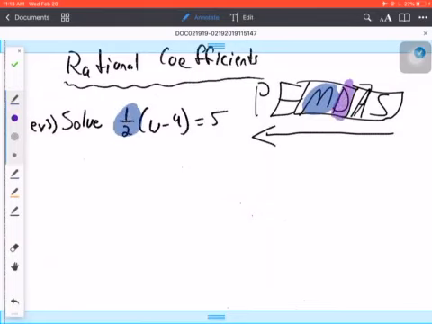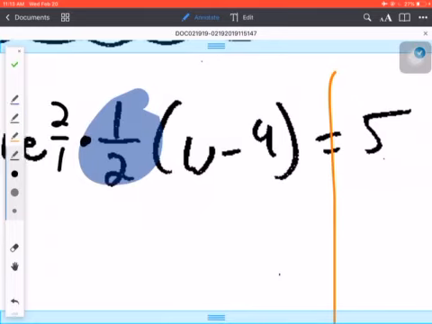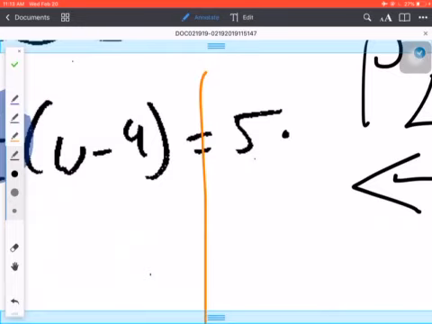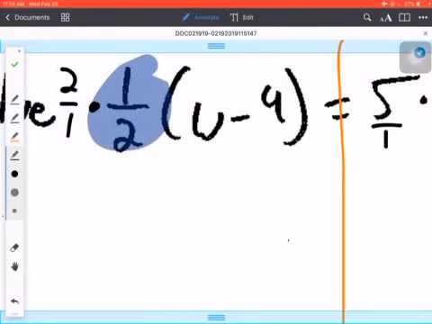Now, I want to divide, but when I divide by a fraction, if you recall, that really means that we're multiplying by its reciprocal. So instead of dividing by 1/2, I'm actually going to multiply by 2/1. And then it needs to happen, remember, on both sides. So we're going to turn our 5 into a fraction as well. All that remains over on this side, this right here simplifies to 1.